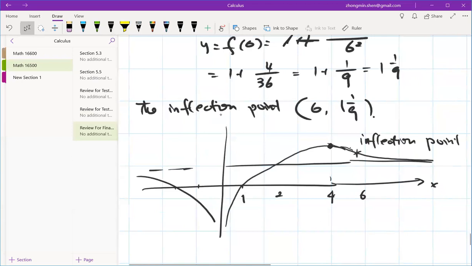And you should know the definition for the integral and the definition for the derivative. Right? The definition for the integral is the limit of the Riemann sums. The definition for the derivative is the limit of f of x plus h minus f of x divided by h, and you find the limit.